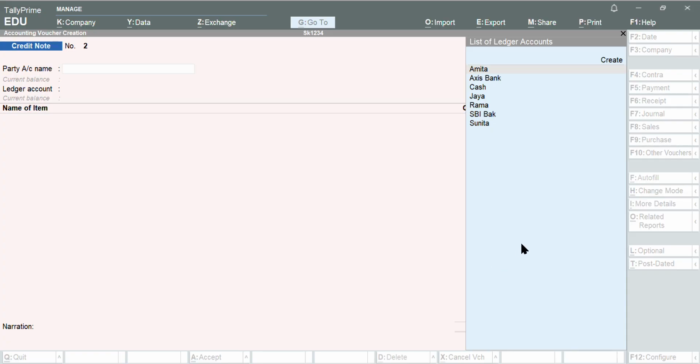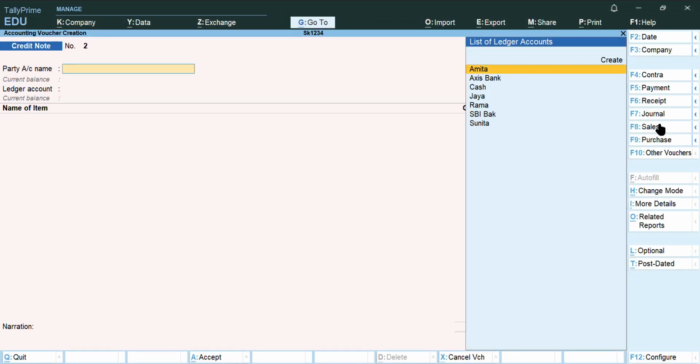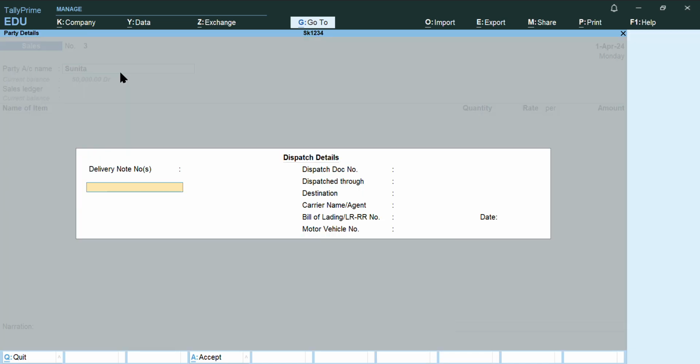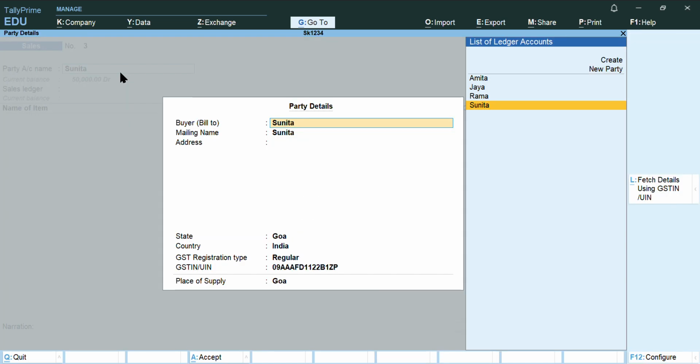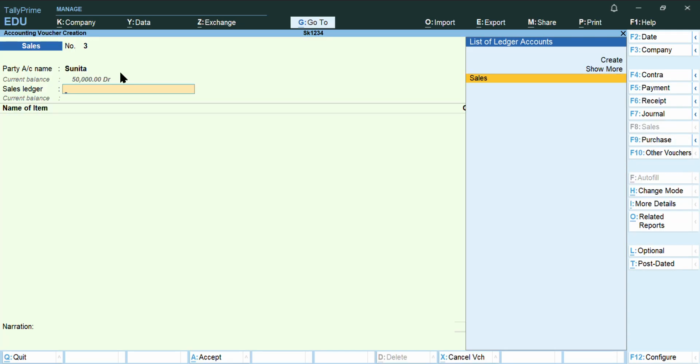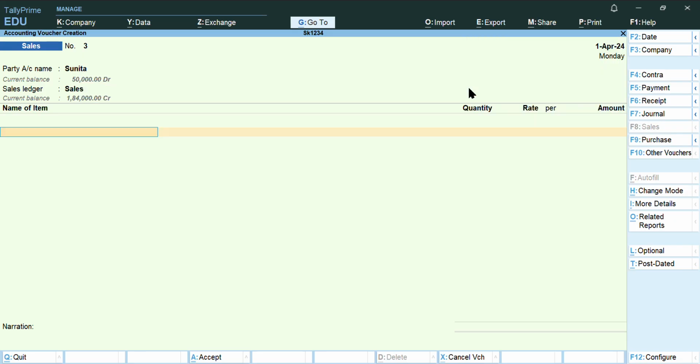So which voucher shall we be using since it's a sale? So voucher is going to be sales voucher. This is the sales voucher. So what is the party's name? Party's name is Sumita. And after entering this, we come to the main voucher screen. So sales ledger, automatically it shows this because this is the voucher that we are using. So what are the items?